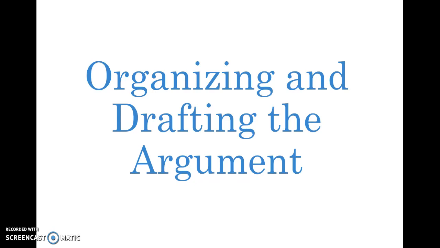Friday. And now let's get into the logistics of how to organize and draft your argument once you understand the research. The first thing the reader will read in your argument section is the roadmap.